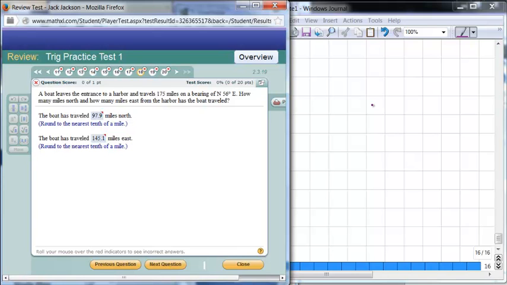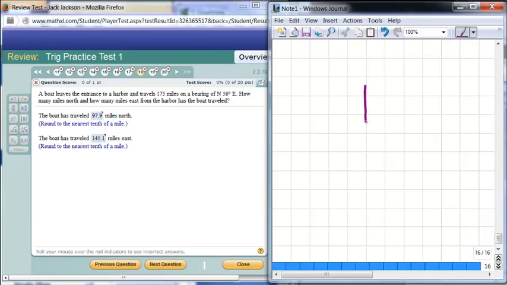Okay, boat leaves the entrance to the harbor, travels. Okay, so think of us here, north, south, east, west. He's going north 56 degrees east. So this is 56 degrees. This is north, and we turn to the east 56 degrees, and he goes 175 miles.